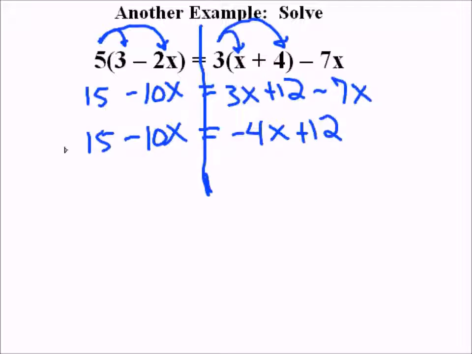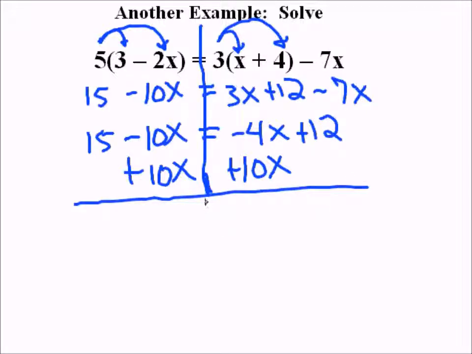To get rid of or to undo a minus 10x, I would have to add 10x's. What I would do to the left-hand side, I would have to do to the right-hand side, plus 10x.